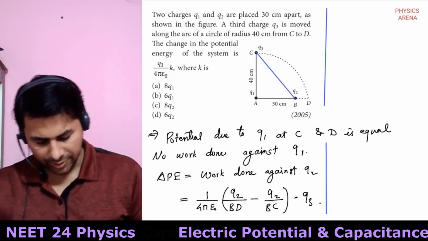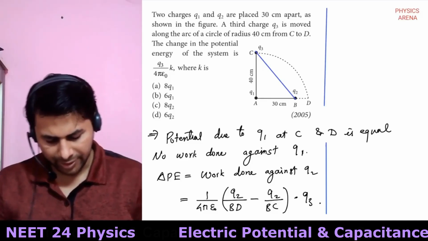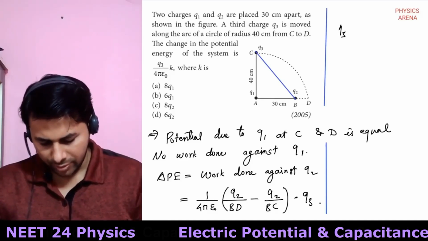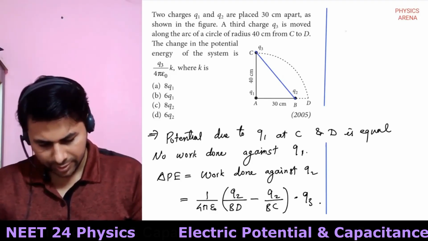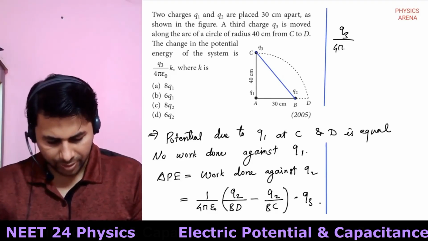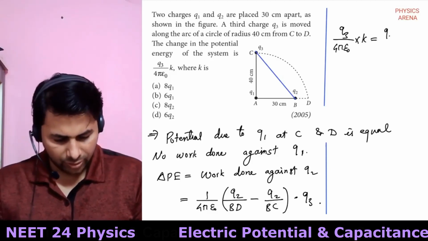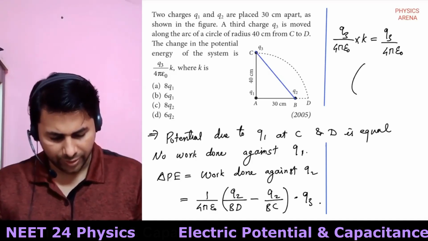So this can be written as delta P. They have said that it is Q3 upon 4 pi epsilon naught times K, which is equal to Q3 divided by 4 pi epsilon naught multiplied by, what do we have?